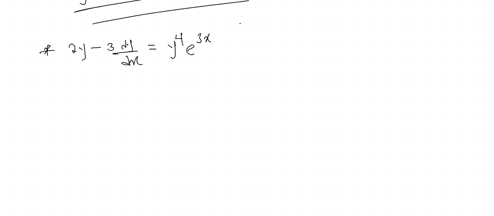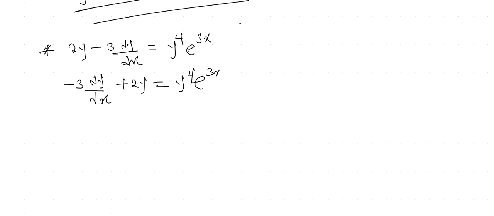First of all, let's rearrange it. So if we rearrange it, it's going to be minus 3 dy/dx plus 2y, which is equal to y raised to the power of 4 e raised to the power of 3x.